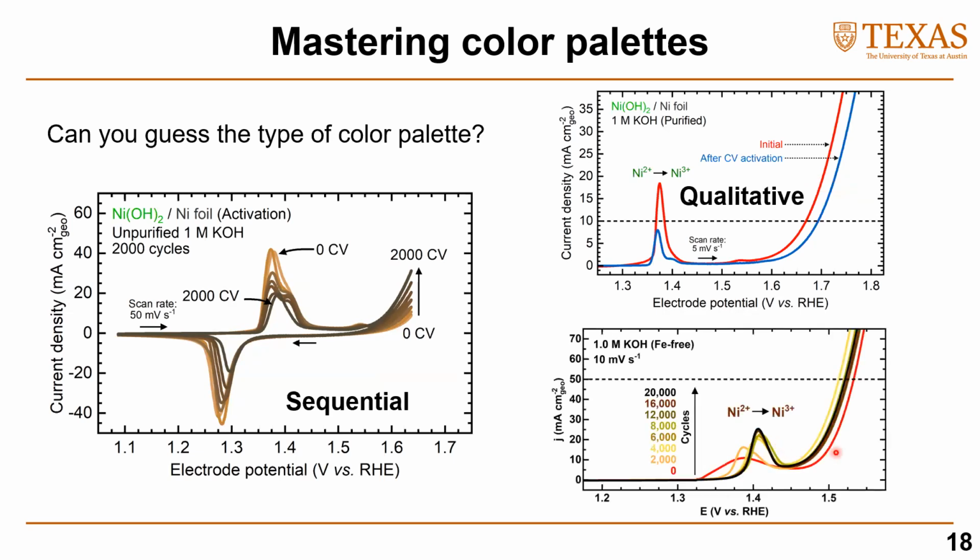What about this one? This one has like four different colors. So we may think, okay, this one might be qualitative. Initially, the idea here is that this one was a diverging palette because it goes from 0 to 20,000 cycles.